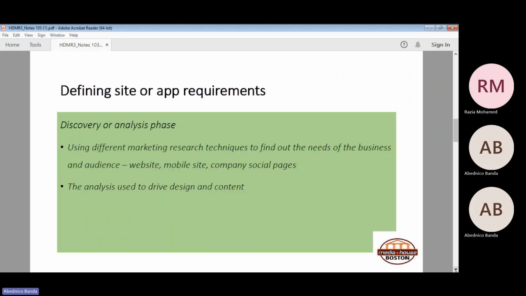So the very first thing that you think about when you are coming up with a website, or when you are developing an application, we have got what we call a discovery or analysis phase. So this is where you ask yourself many questions. Why am I doing this?